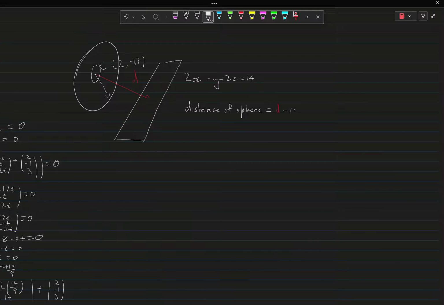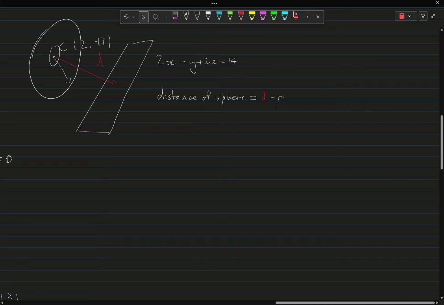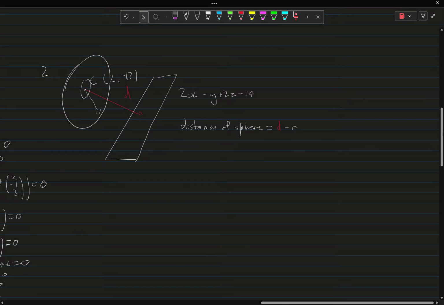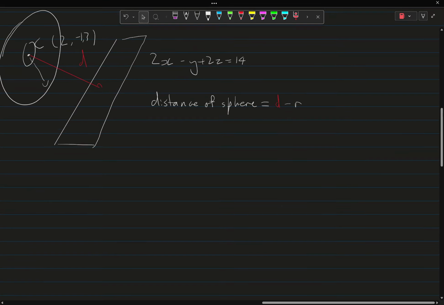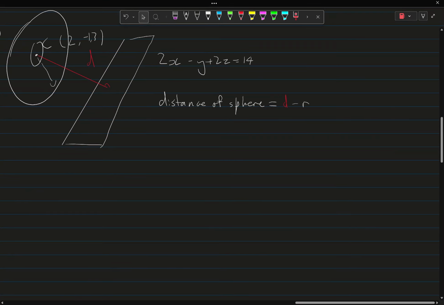So let's start by finding d first. So to do the distance from plane to a point, we need to find, now keep in mind this might be different from everyone else's method, but what I do is I find a random point on the actual plane itself.